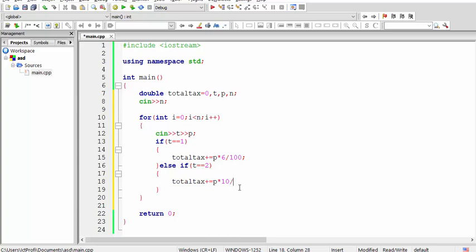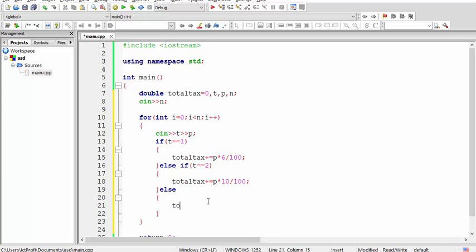Price times 10/100, and it will return me 10% of this price. Alright, and there was another condition. I don't need to make else if. I'll just leave it with else. If T is neither 1 nor 2, it will definitely be 3. That's why I don't need to run this third condition.